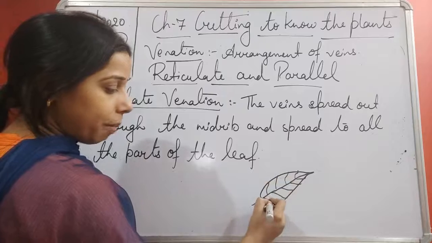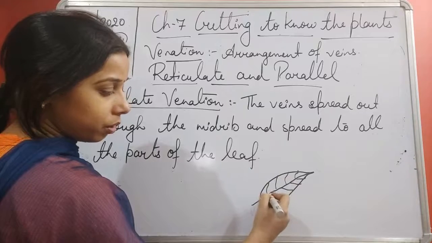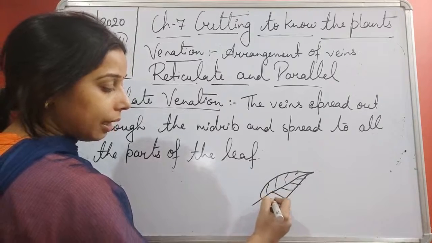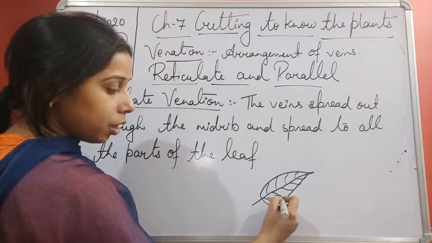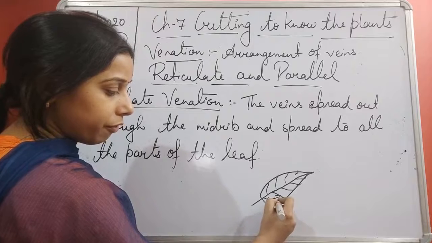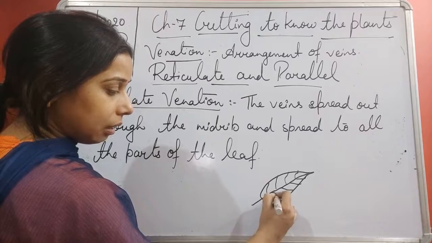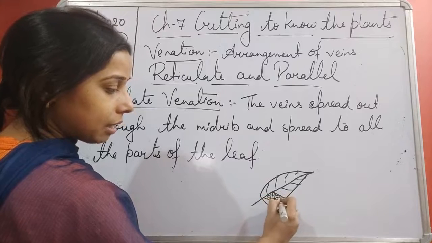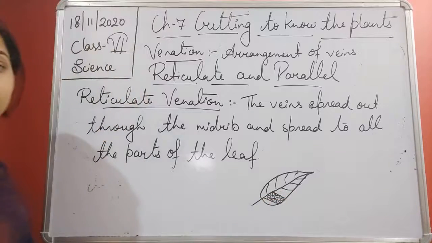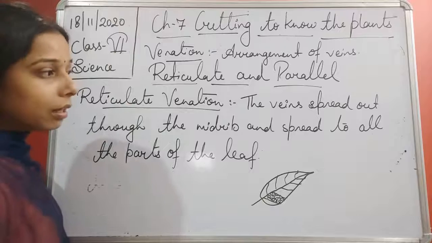Now, when the veins come out from the midrib, student, again they will be divided, they will get branched, and due to the further branching between the veins, it will give a net-like pattern or net-like design.